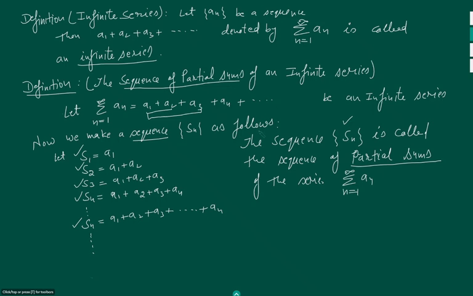All right. Next, we discuss the convergence and divergence of a series. Convergence of an infinite series. When do we say that an infinite series is convergent?